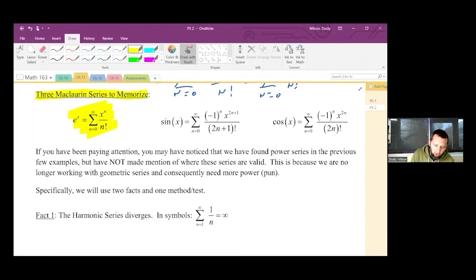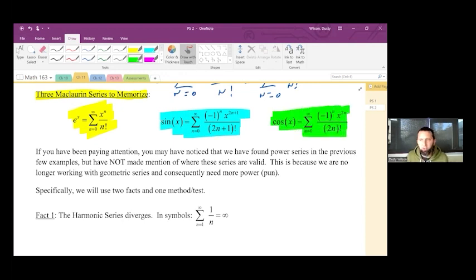The second one I want you to have memorized is the Maclaurin series for sine x that we derived earlier in the section. And third, I want you to have memorized the cosine Maclaurin series, which you may remember as one of the examples we did back in the very first lesson, maybe on page 2 of starting to talk about Power Series.